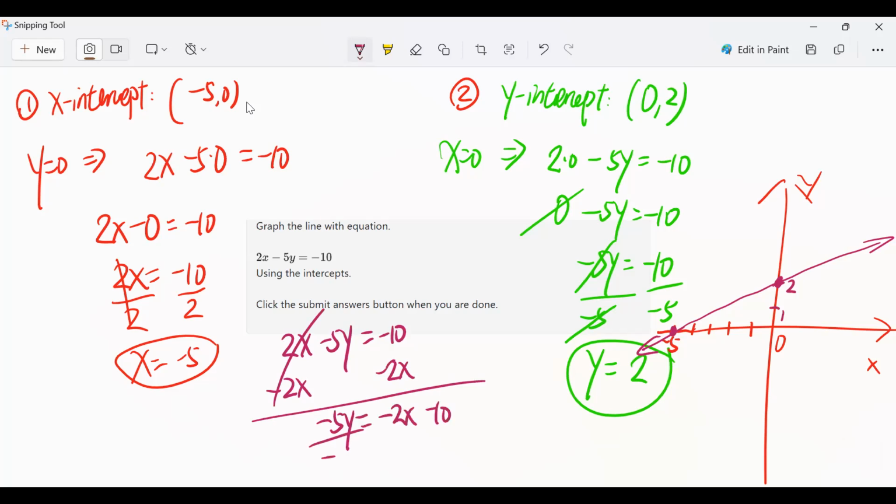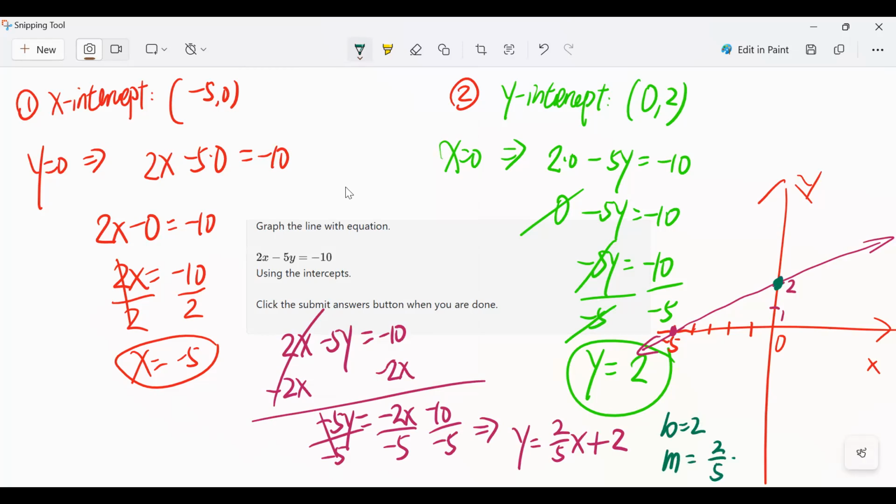And divide by -5 across. So y equals 2/5 x minus 2. So the y-intercept is -2, right? That's the y-intercept. And the slope is 2/5.